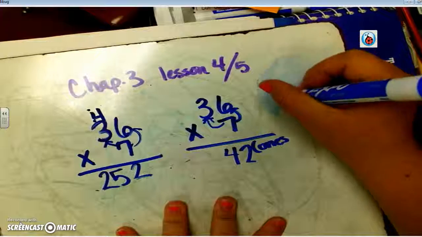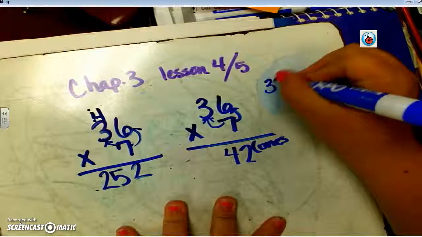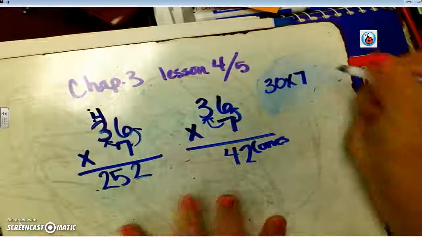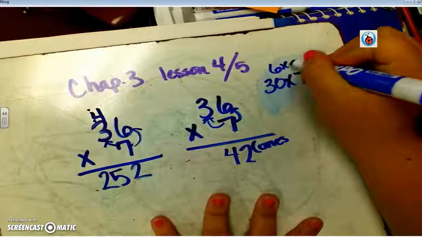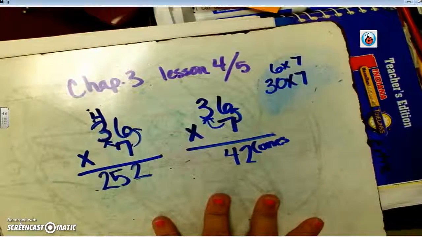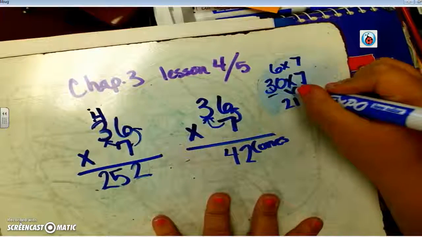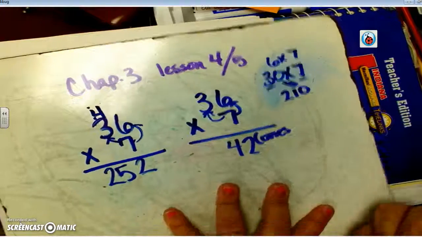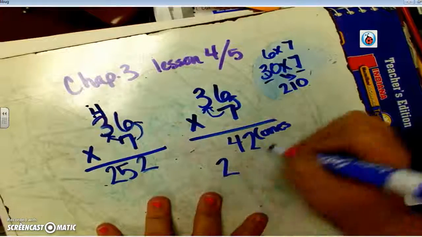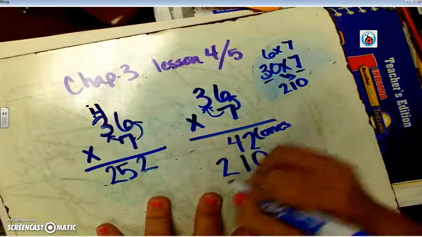So 30 times 7, because I've already taken 6 times 7. I take 7 times 3 and get 21, but I have to add that 0, right? So I get 210. I would put that down here, lining up my place values.